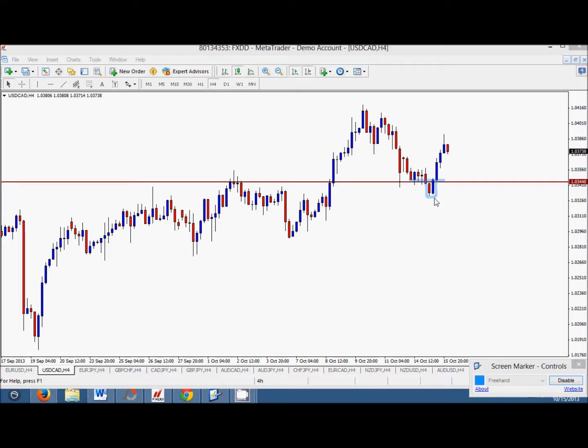Again, I would have taken this trade also if it wasn't for two reasons. For one, me not having any power or internet connection last night, and for the fact that US dollar Canadian dollar has a US dollar in it, and I'm already in a trade with the US dollar. So I would not have taken this, but I still would have posted it for you guys.